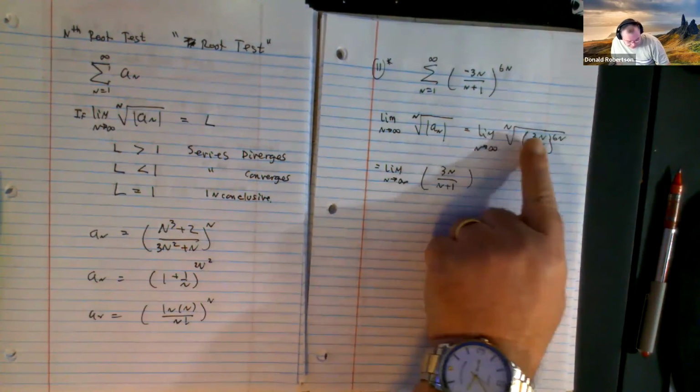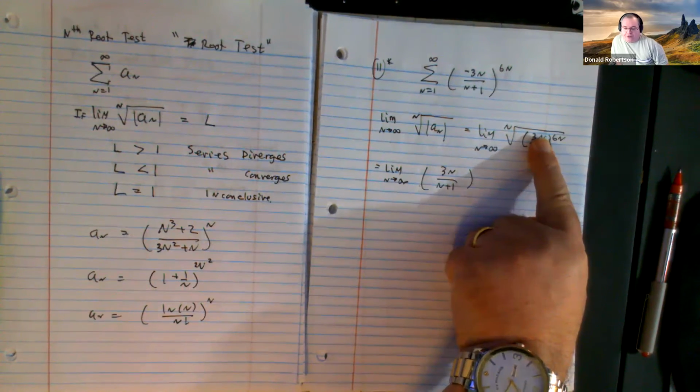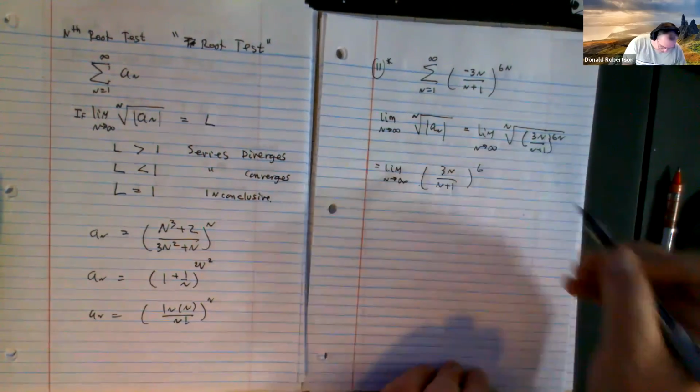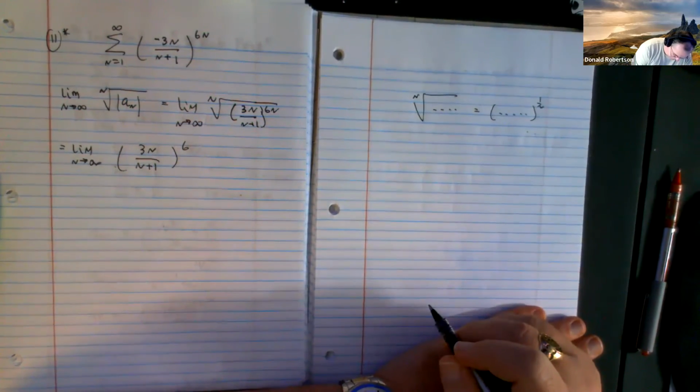The nth root of something to the power of 6n. Wouldn't that just become to the 6th power? Yes. So if you want to think of it like this, the nth root of something is that something to the power of 1 over n, right?